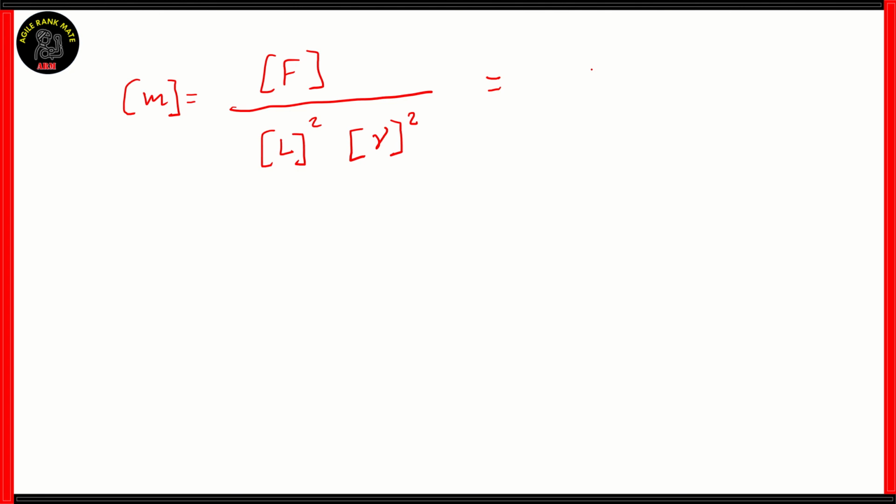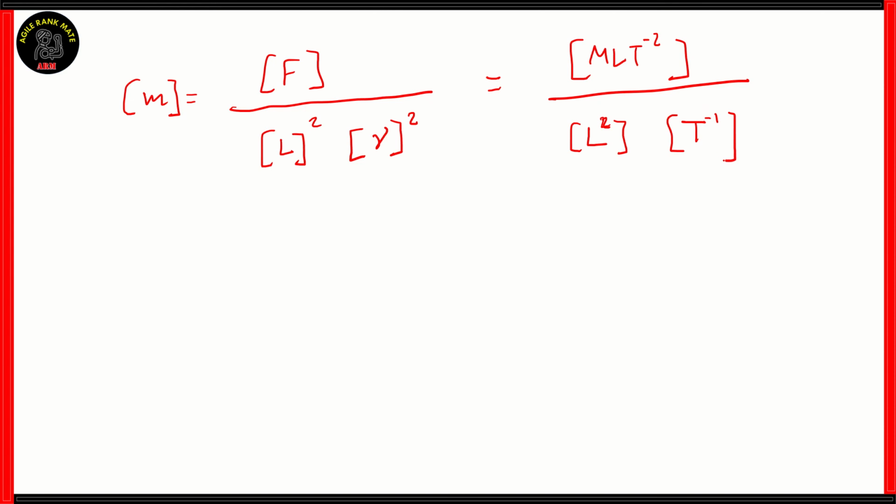So for the dimensions of f, force is mass times acceleration, so that's m l t to the power minus 2. Length is just L, so we can write L with square brackets and square it. So the dimensions for L squared would be L squared. And frequency: its dimensions are t to the power minus 1.